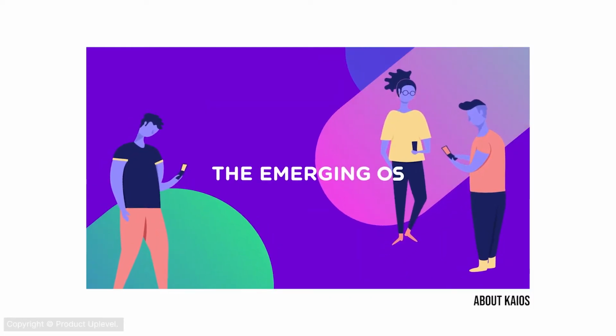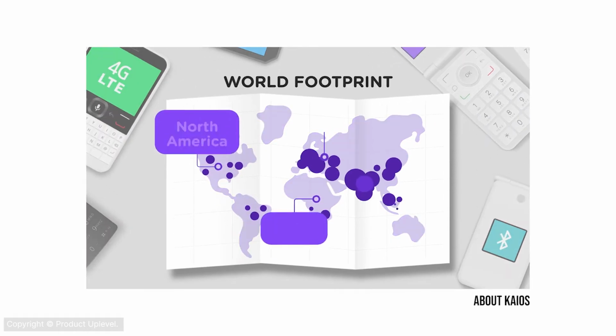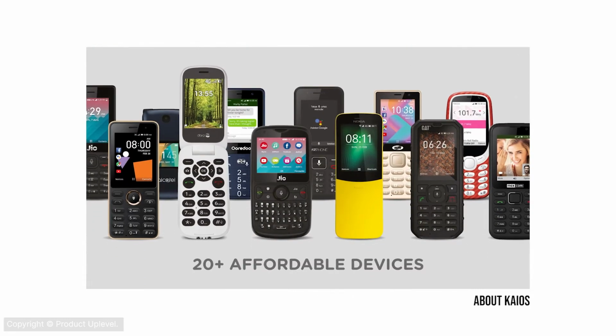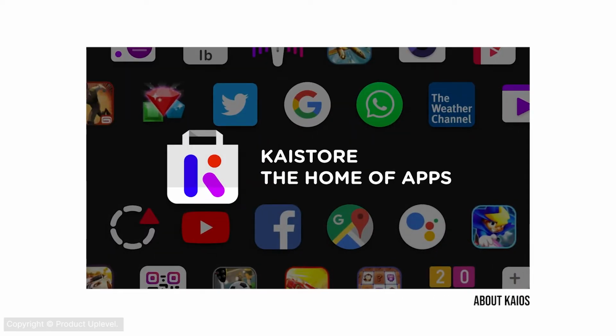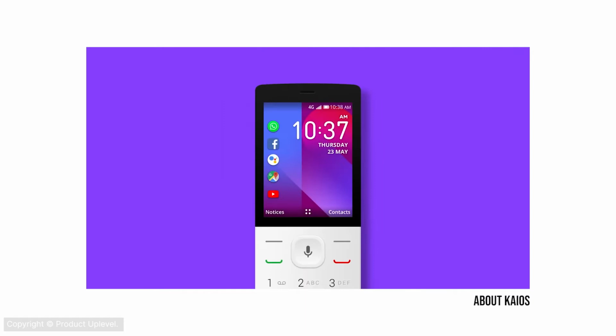KaiOS powers an emerging ecosystem of affordable digital products and services. Our mobile operating system supports essential features like Bluetooth, GPS, Wi-Fi, 4G, LTE, and NFC. In just over a year, KaiOS went from zero to powering more than 80 million devices across more than 20 models. The Kai Store is the home of apps on KaiOS devices.